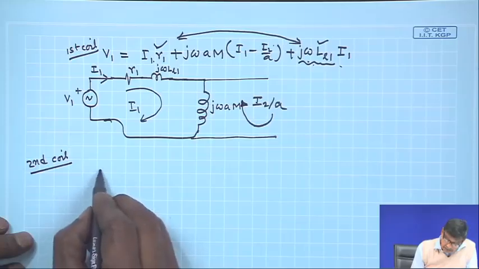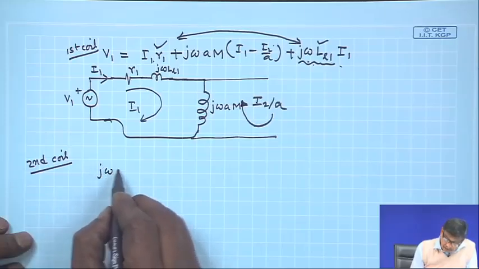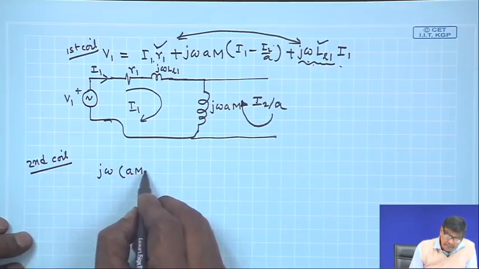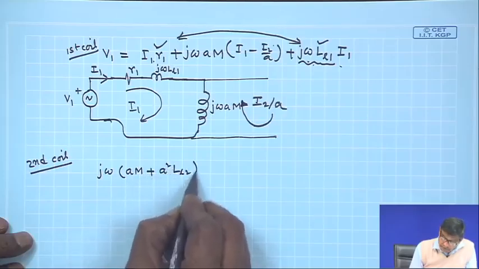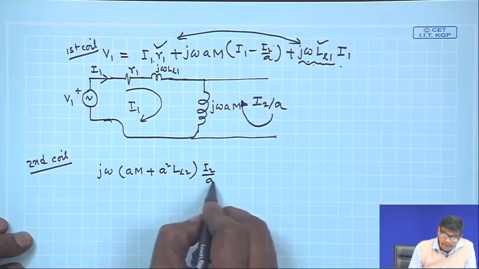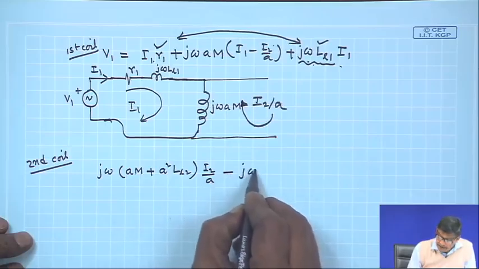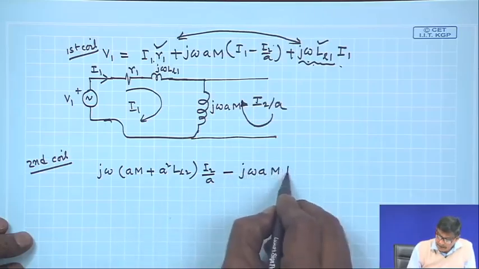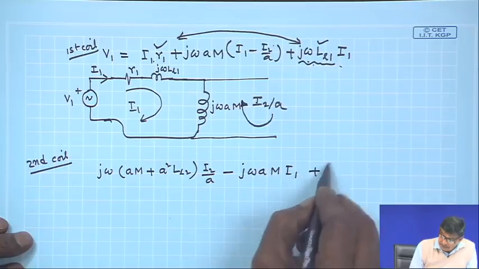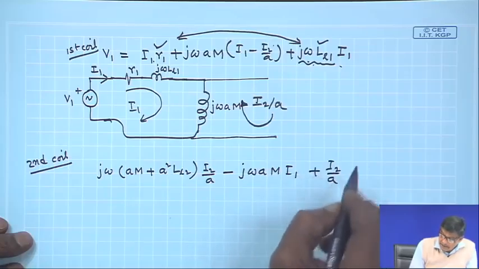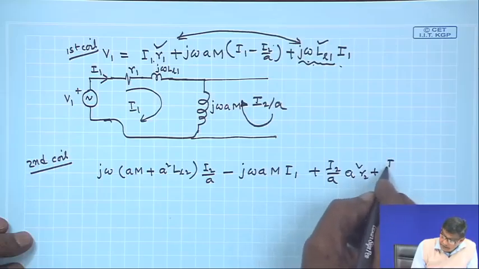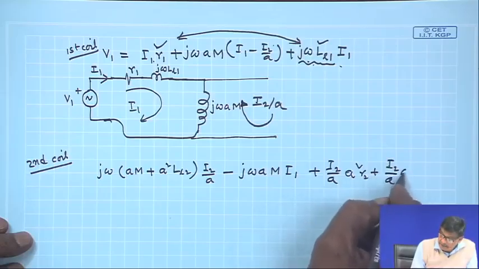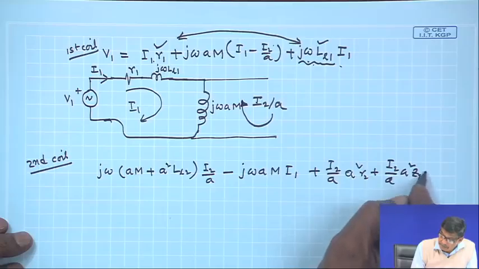The second coil KVL was j omega A m plus a square L L 2 into I 2 by A minus j omega A m I 1 plus I 2 by A square R 2 plus I 2 by A square Z 2 is equal to 0.